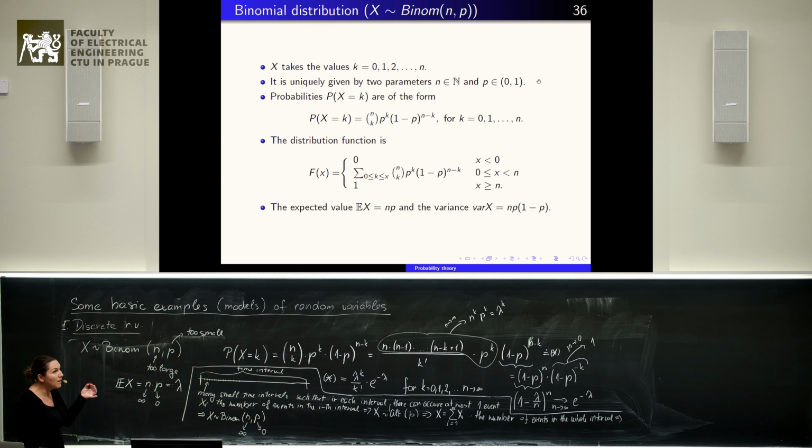And so in fact we have infinite number of these intervals, infinite number of trials, and some small probability of success of the event in each trial.